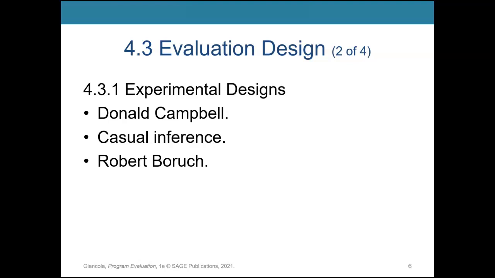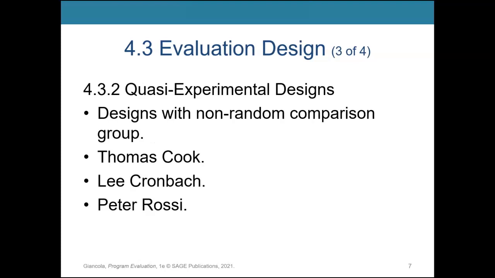So this is experimental design, which is, again, the gold standard, but often not realistic in the real world. A lot of times we end up with what's called a quasi-experimental design, where we sort of design an experiment. We have a control group, but we don't have random assignment.